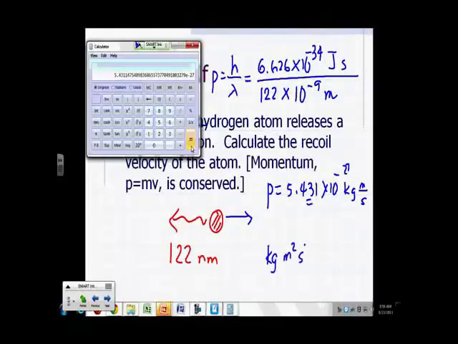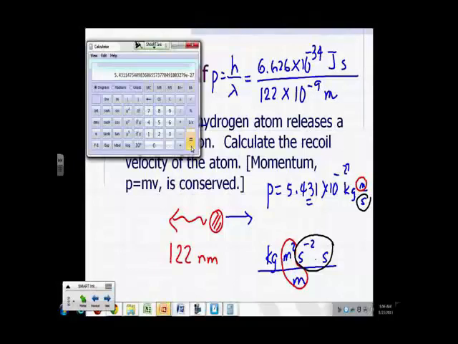Kilogram meter squared per second squared, right? That's divided by seconds over meters. So what does that give you? Yes, units of momentum. Meter squared over meters is just meters, and per second and second just gives you per second. So that's your unit for momentum.